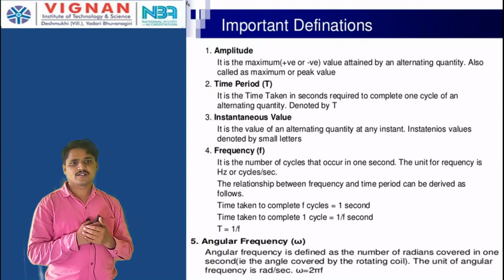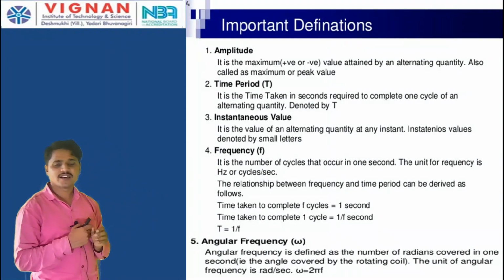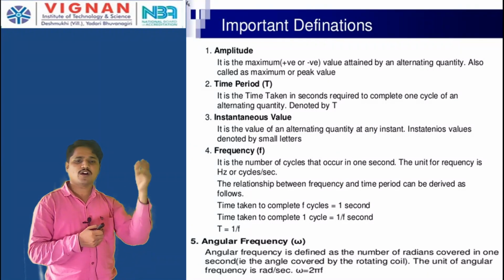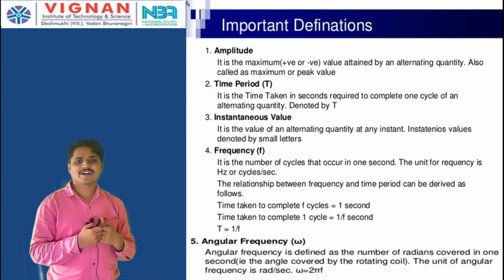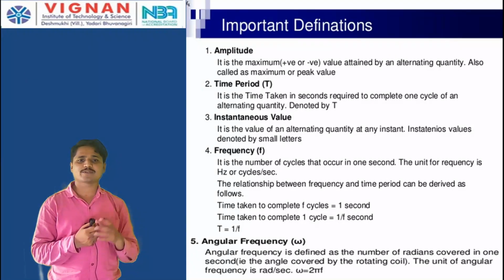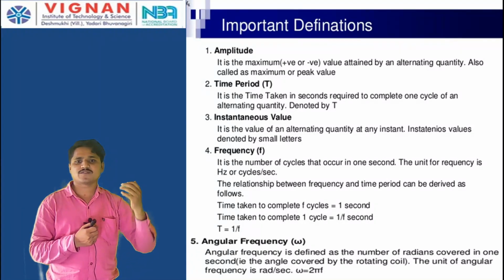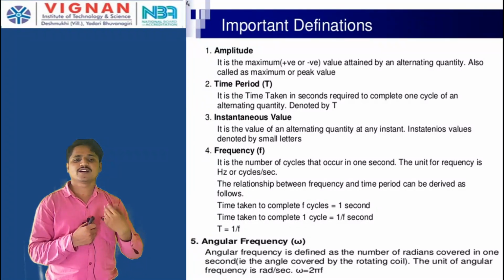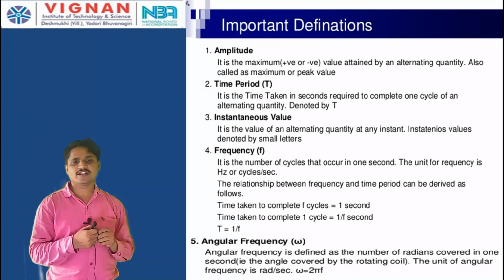If you buy an iPhone in America and bring it to India, you need an adapter, because the voltage and frequency levels are different. In India it is 220 to 230 volts, 50 Hz, single phase AC, whereas in America it is 240 volts, 60 Hz in some areas and 50 Hz in others.